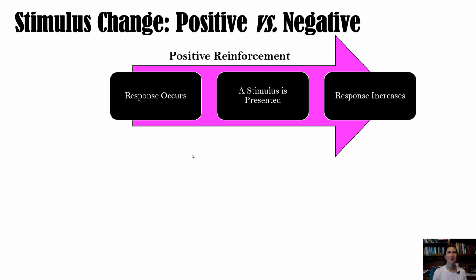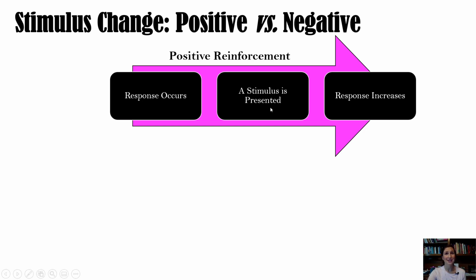Okay, so let's look at positive versus negative reinforcement. And if you guys remember from our definition, a response occurs and then there's a stimulus change in the environment, where either a stimulus is added or a stimulus is removed. And that's where your positive or negative comes into play. So with positive reinforcement, a response occurs, a stimulus is presented, so something gets added.